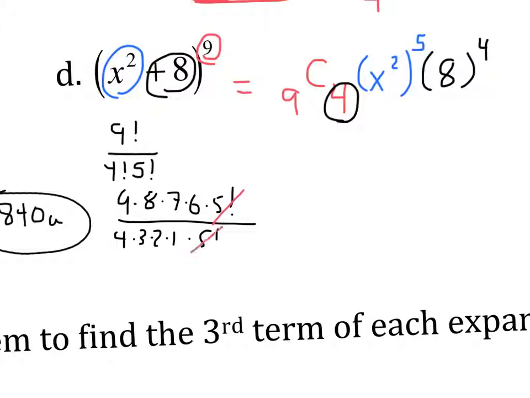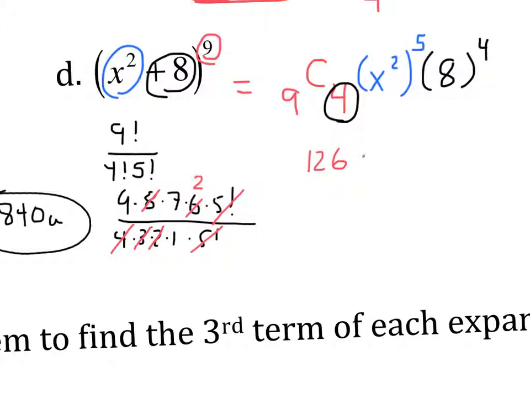And the 5 factorials drop out. 4 times 2 is 8, so that drops out. The 3 can drop out with the 6 to get a 2. So now I just have to multiply the 9, the 7, and the 2. So 9C4 is 126.